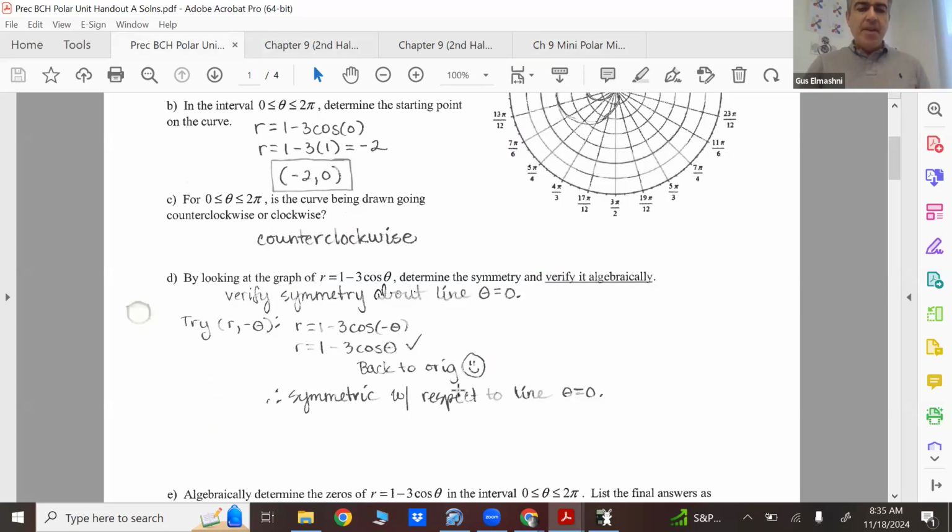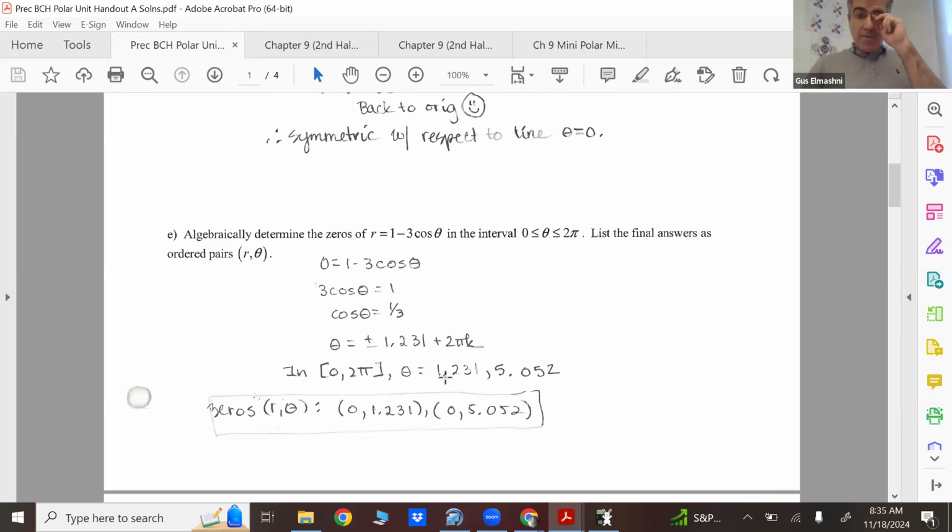For E, now this is where you have to find zeros. Replace r with 0 and you just solve it. You guys have done this before. And of course that's clearly a calculator question because you can't do inverse cosine of 1/3 from the unit circle. But it's not hard. It'll just tell you it's 1.231. But remember, cosine's positive in the fourth quadrant as well.